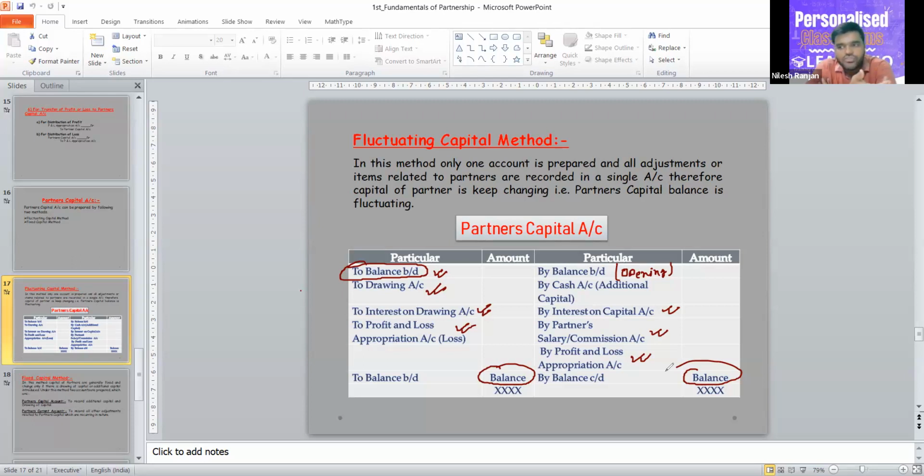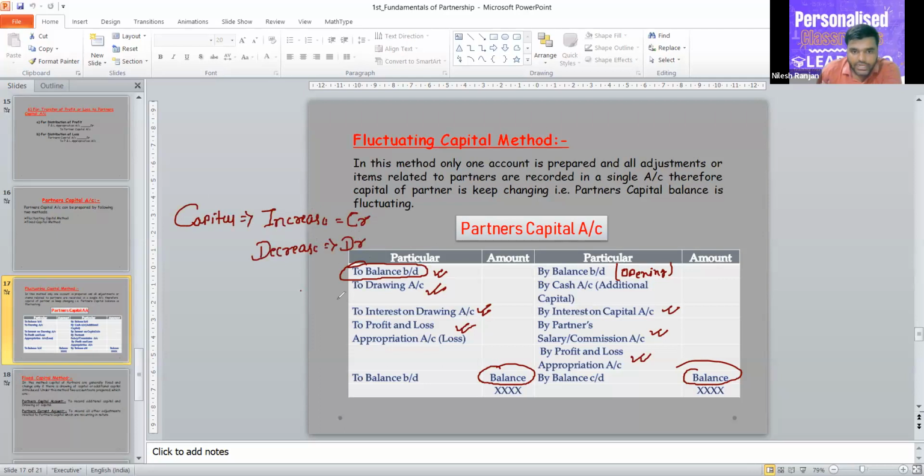If you are paying interest on capital, then the amount will be received by the partner, so it will increase their capital. And if we pay interest on drawing, then it will decrease the capital of the partner. And as per the rule, capital account increases on the credit side and decreases on the debit side.